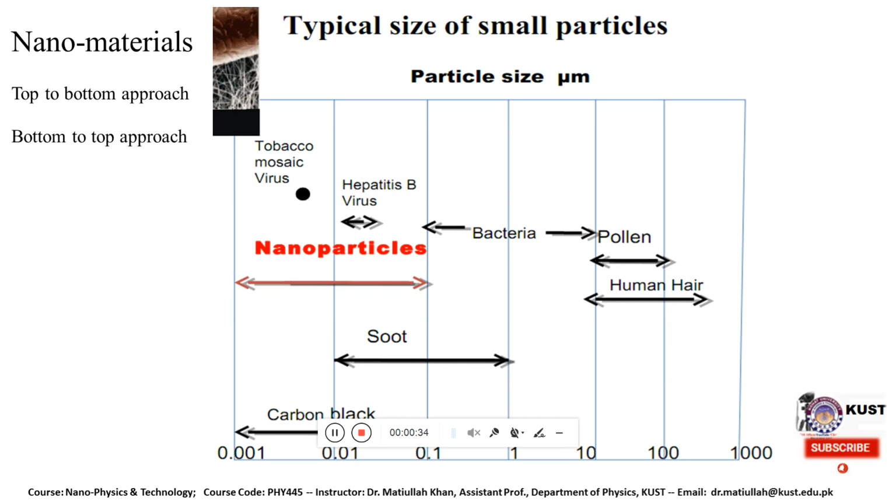Actually, for research purposes or investigating materials, we have two basic approaches. One is the top-down approach, and the other is the bottom-up approach. In the top-down approach, we slowly increase the magnification of the tool with which we want to observe the materials, until we observe them at very high resolution.